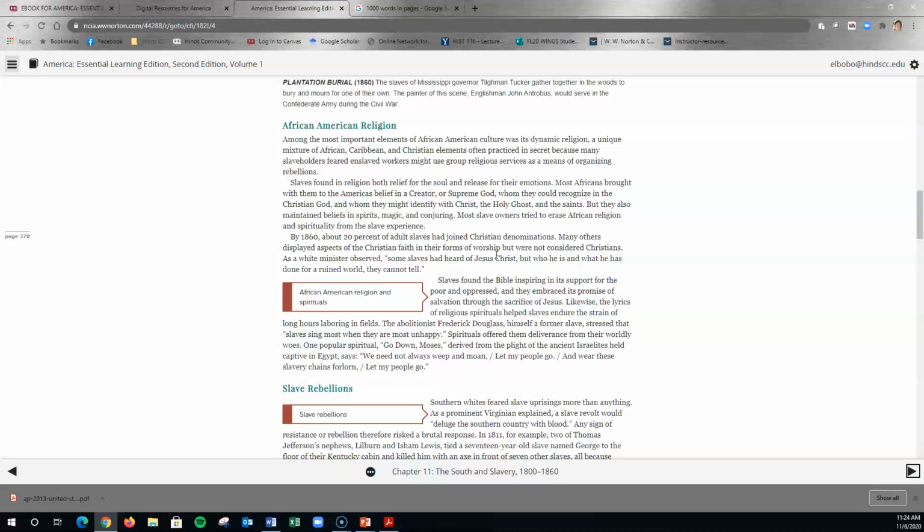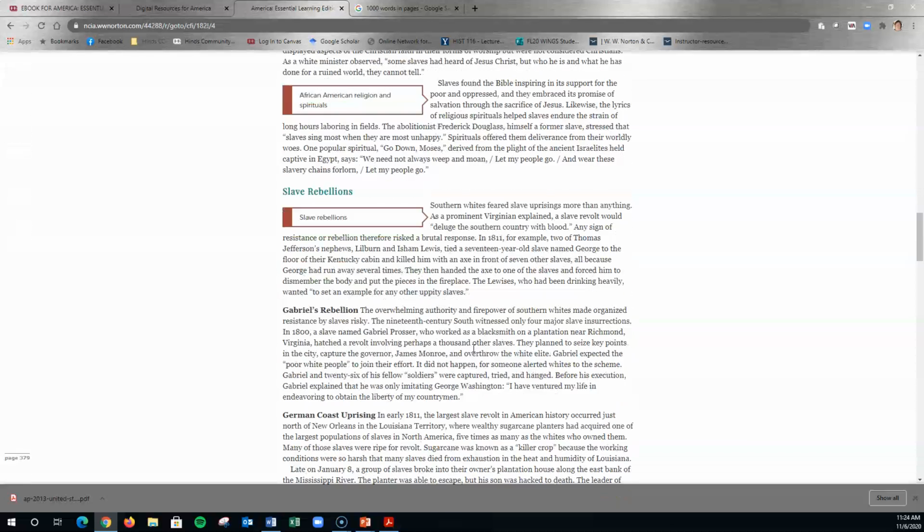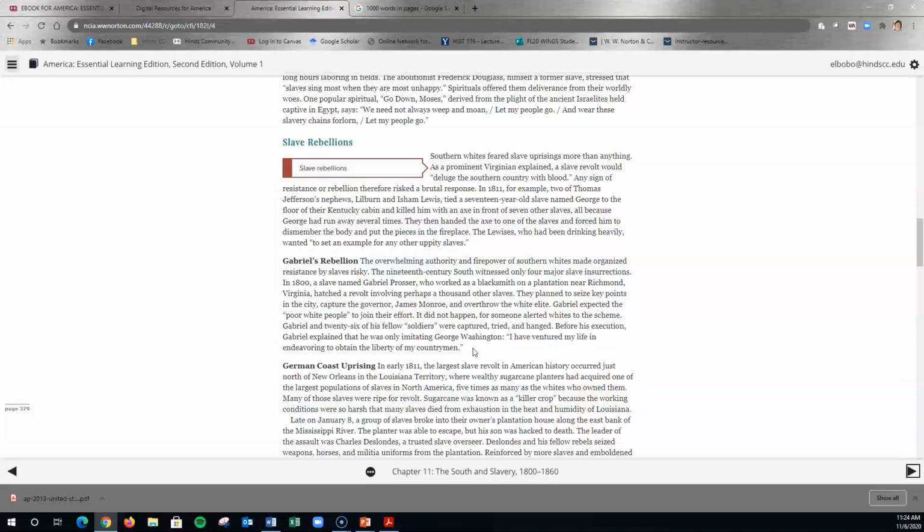Others would mix together some of their African ideals and Christianity. One other form of dealing with it was rebellion.